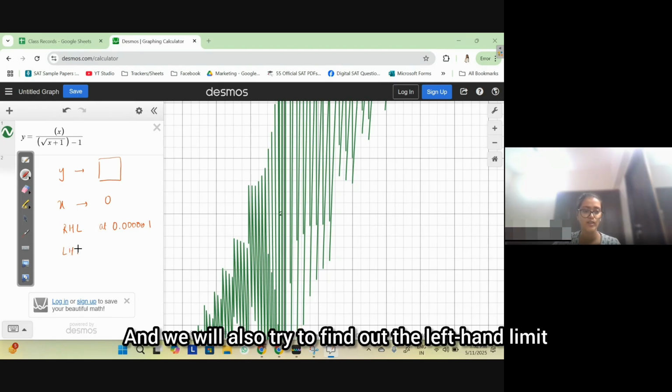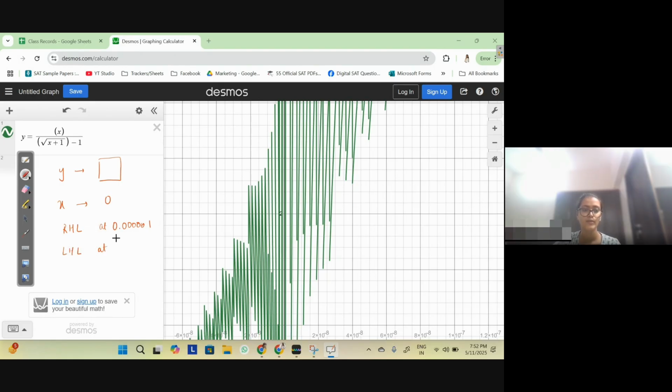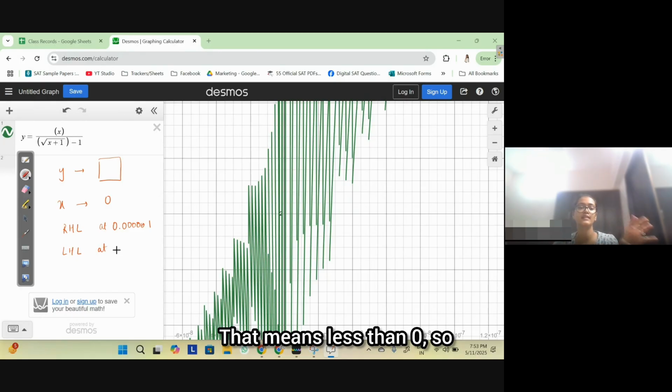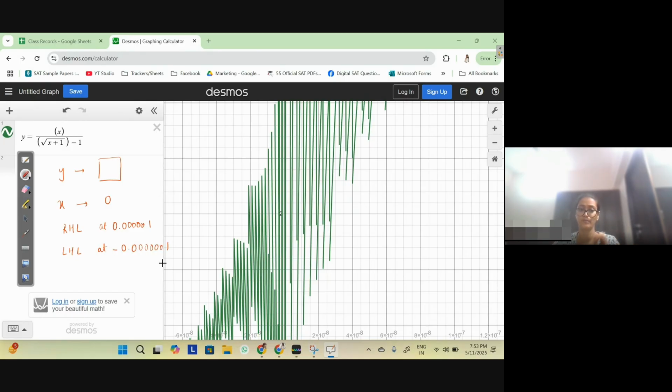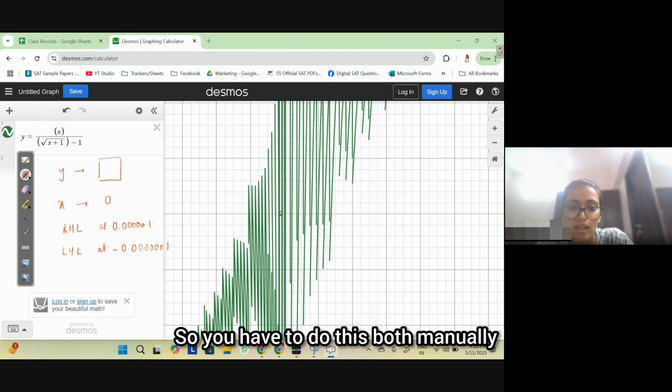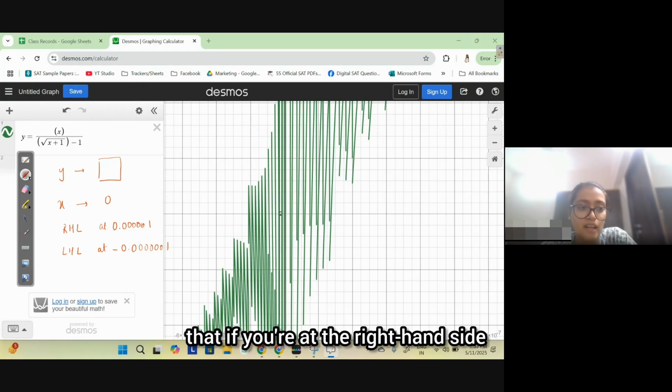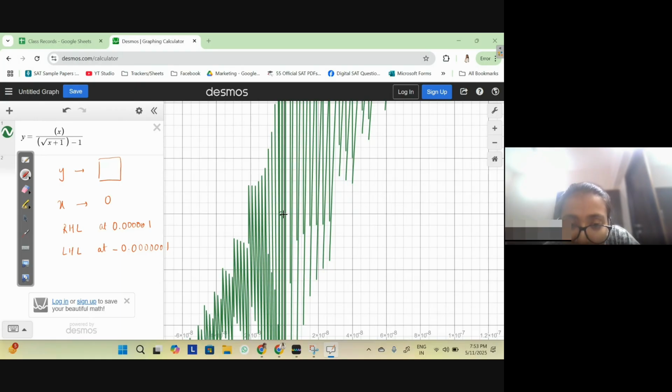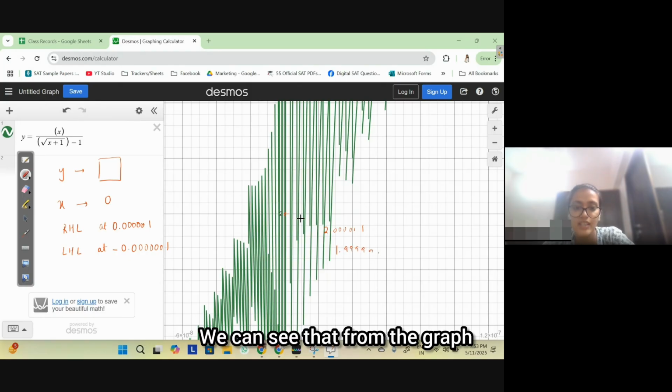And we will also find the left hand limit, that means less than 0, so minus 0.00000001. From the graph, it's very clear that on the right hand side, it will be very close to 2, like 2.00000001. And from the left hand side as well, it will be 1.9999999. We can see that from the graph.